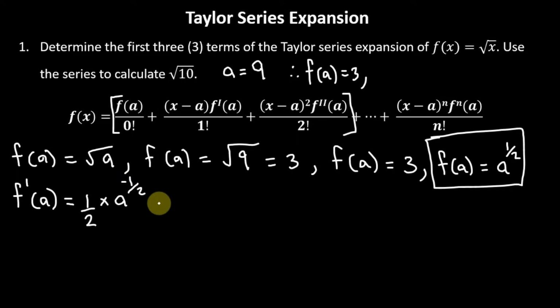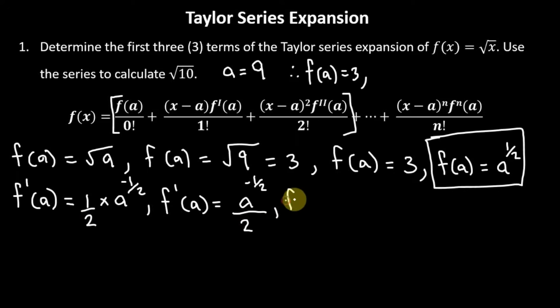And we can clean this up a little bit, guys. So we have f prime of a is equal to, and this is the same thing, of course, 1 times a raised to the power of negative a half, and we'll have the 2 in the denominator here.